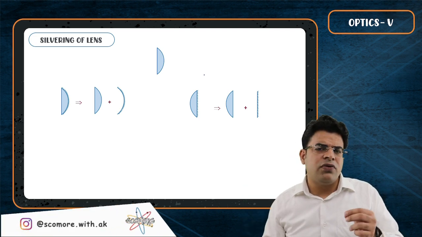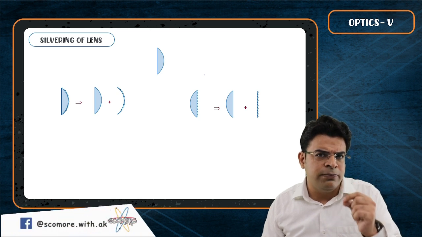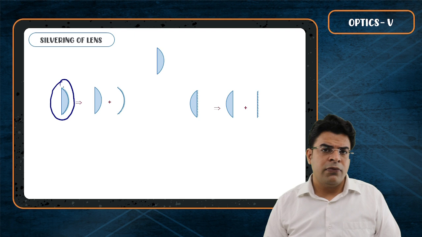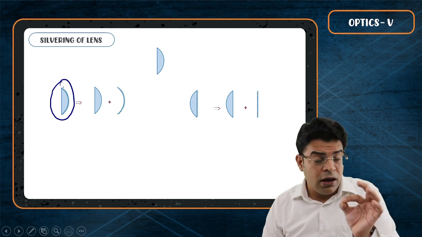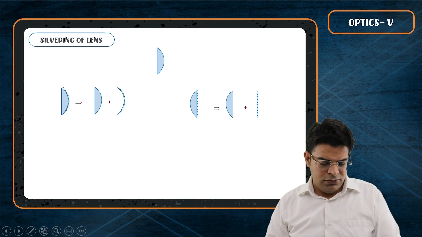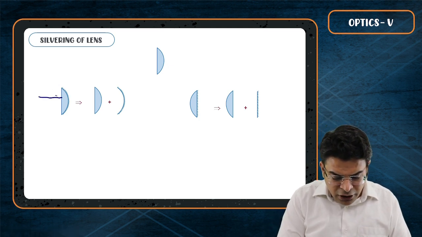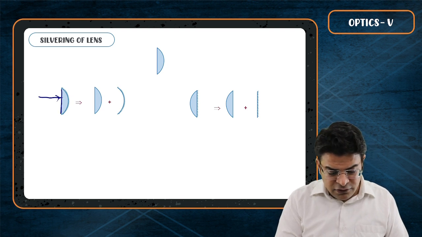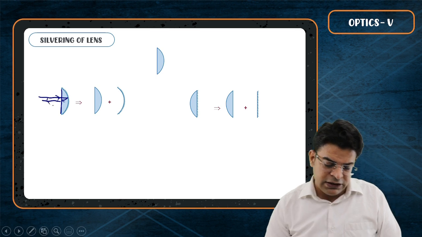So sir, what are you trying to say here? I'm just asking you a simple question. Tell me, once you have silvered a lens, will it act like a lens or will it act like a mirror? So see, when we hit a ray of light, first refraction will take place at the first surface, then it will get reflected, then again the refraction will take place, yes.